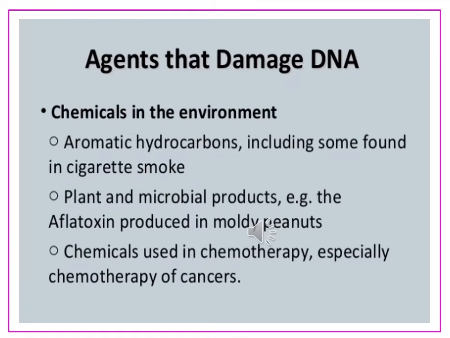Other examples are chemicals in the environment like aromatic hydrocarbons, including some found in cigarette smoke, and then plant and microbial products. One example is aflatoxins produced in moldy peanuts. Another is the chemicals used in chemotherapy, especially chemotherapy of cancers.